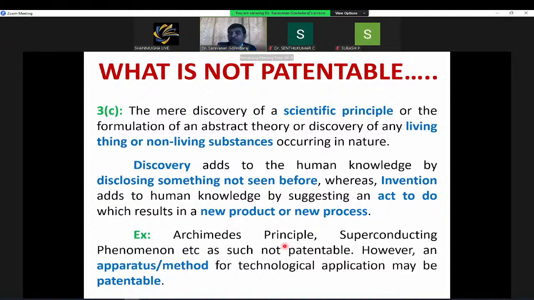But using that principle, if you make an instrument, you can get a product patent. For a principle alone you can't get a patent, but if by using that principle you design a new product or machinery, for that machine you can get a patent.